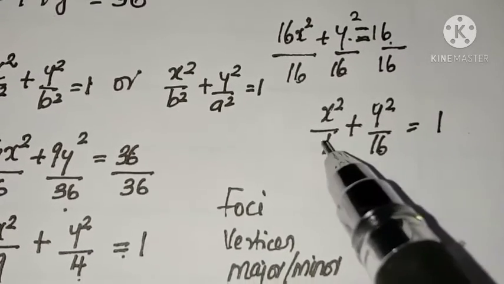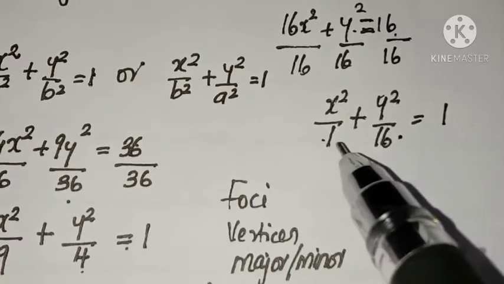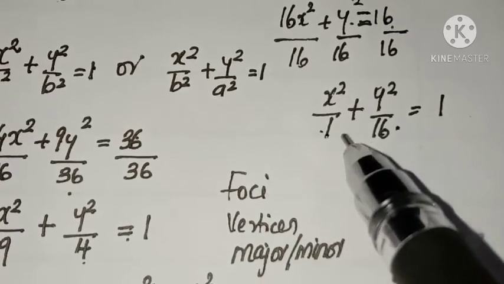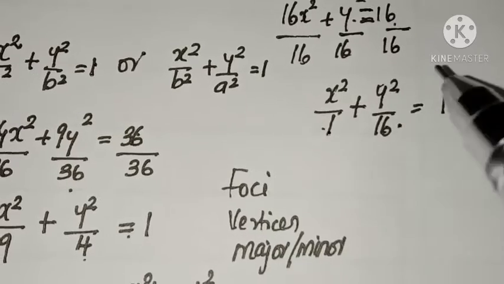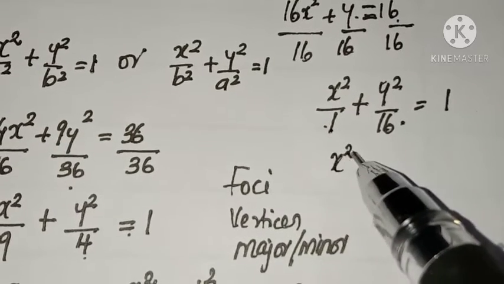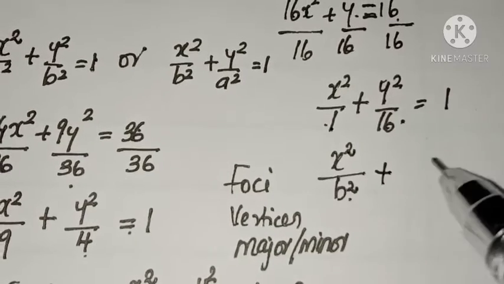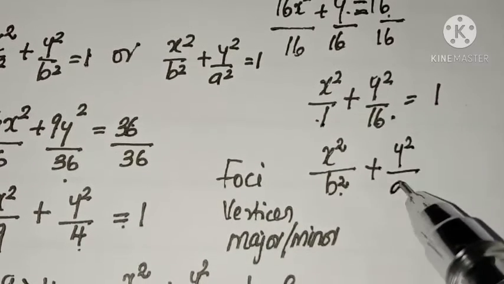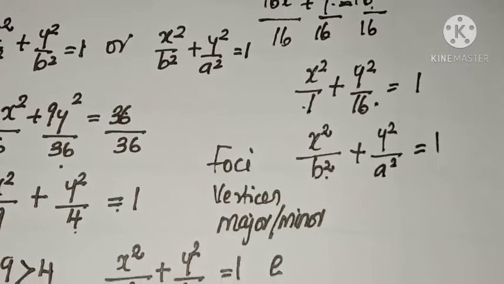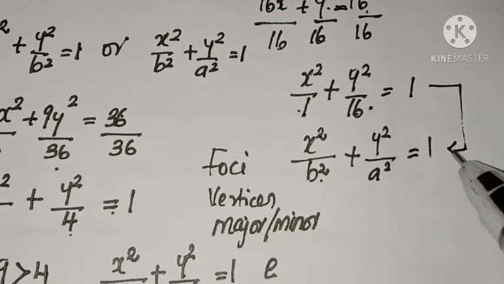The next step is to look at the denominators. Here the denominator of x² is smaller than the denominator of y². So the standard equation of the ellipse becomes x²/b² + y²/a² = 1. Now compare these two equations.